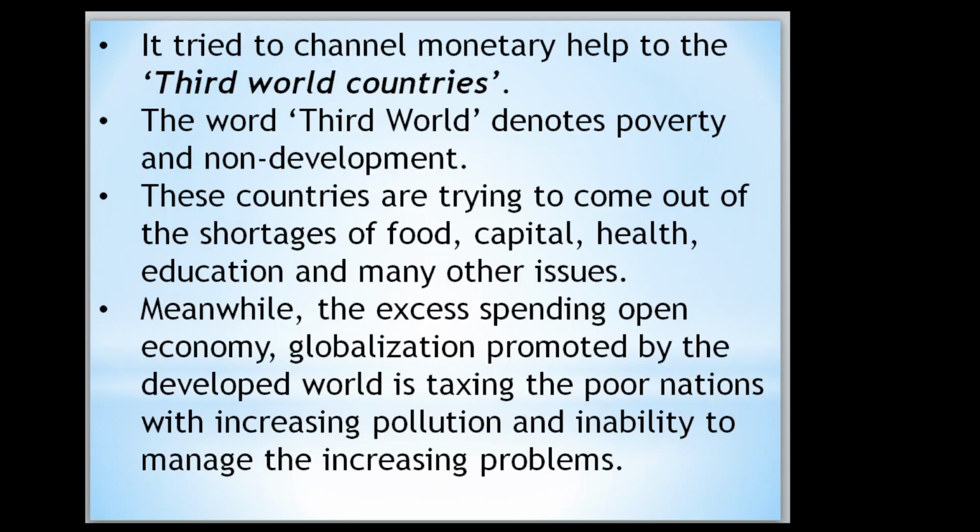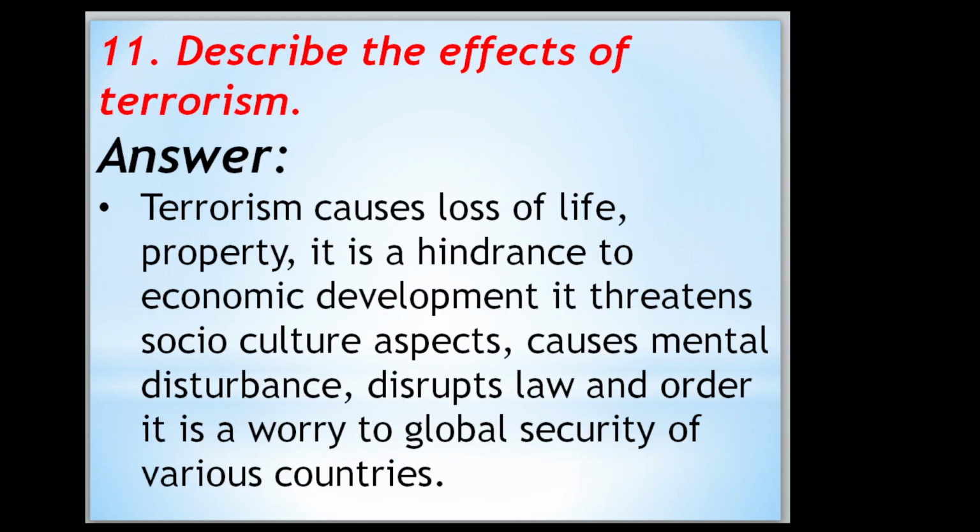The word third world denotes poverty and non-development. These countries are trying to come out of the shortage of food, capital, health, education, and many other issues. Meanwhile, the excessive spending, open economy, and globalization promoted by the developed world are taxing the poor nations with increasing population and inability to manage the increasing problems.